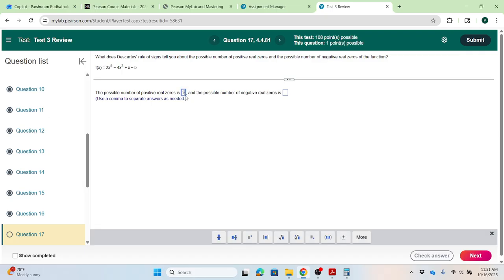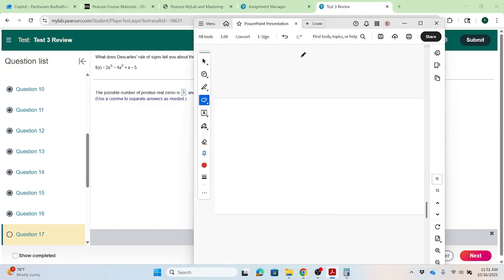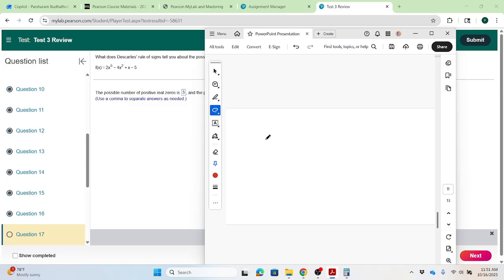That is the maximum. And for finding the possible negative zeros, you have to replace x by negative x. That will be negative 2x to the power 5, negative 4x squared, negative x, and negative 5. Whenever I replace x by negative x and simplify, I see that there is no sign change.